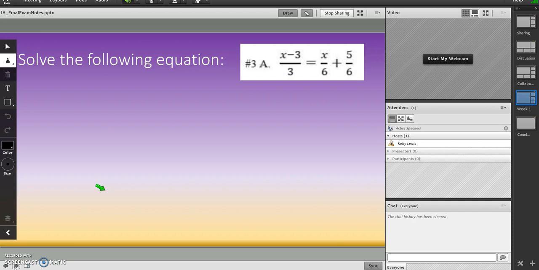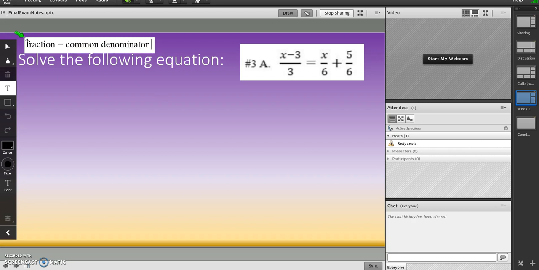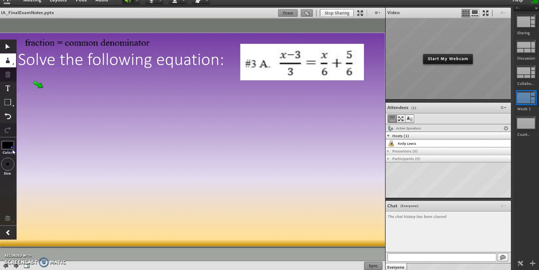All right, so let's do this guy. This is 3a. And when you have a fractions, you have to have a common denominator. And so the common denominator here is going to be 6. I'm going to multiply everything by 6.